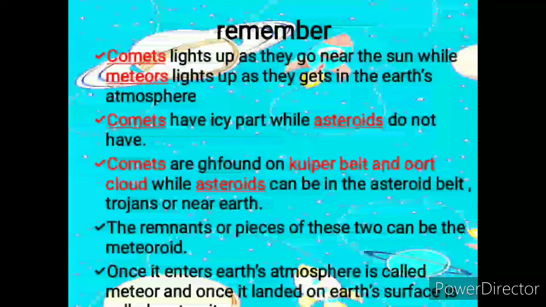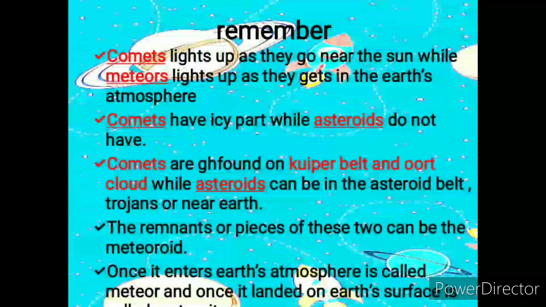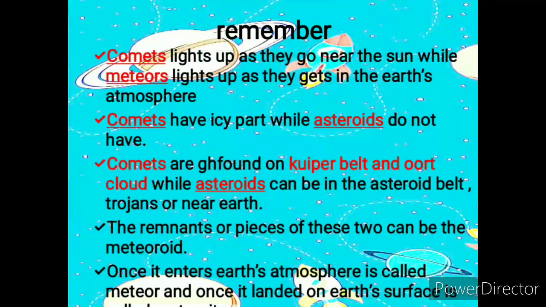Okay? These are the things that you must remember. First, comets light up as they go near the sun, while meteors light up as they get in the Earth's atmosphere. Comets have an icy part while asteroids do not.